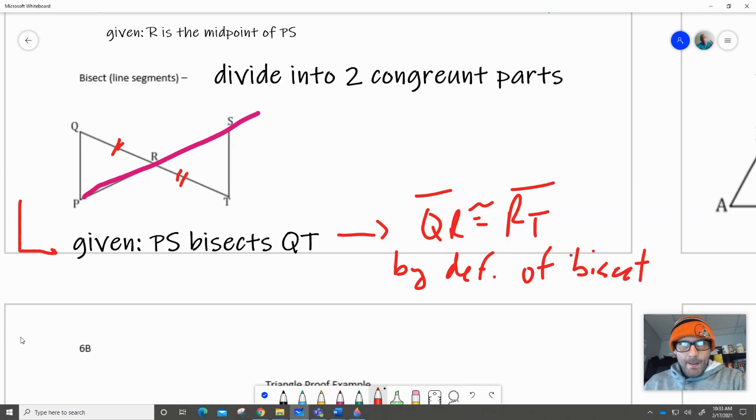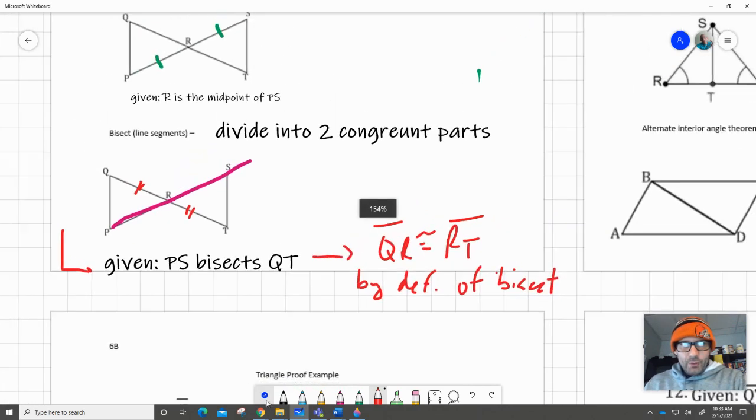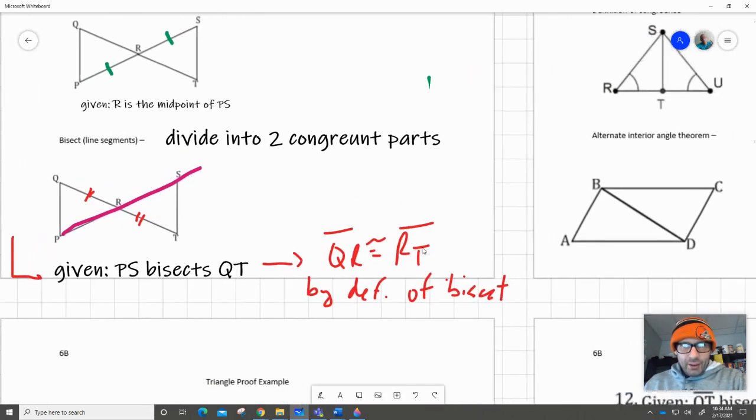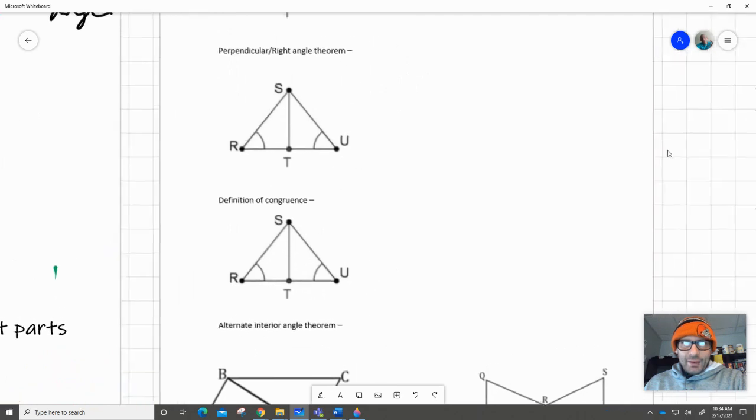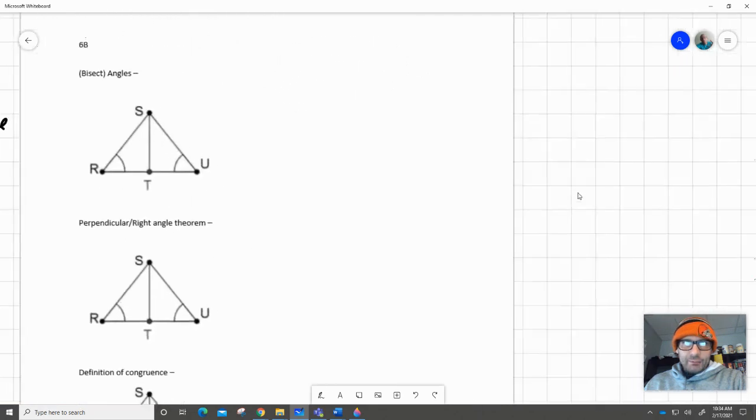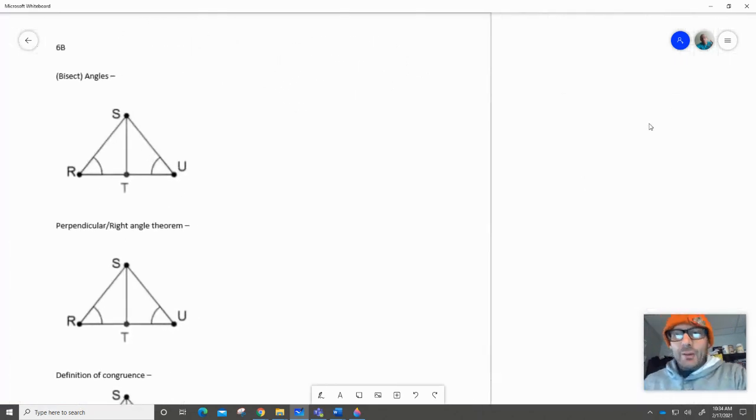Now, coming up to our next thing, sides can get bisected, but angles can also get bisected. An angle that's getting bisected is getting cut in half, to divide into two congruent pieces.